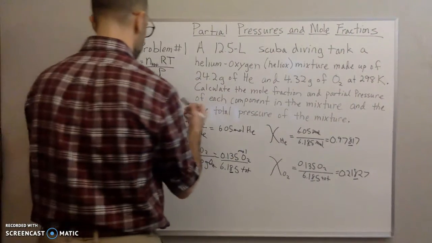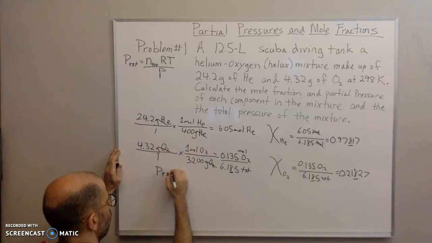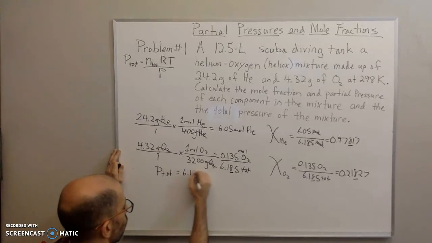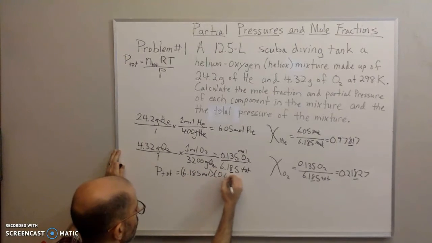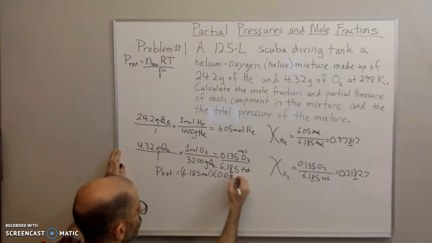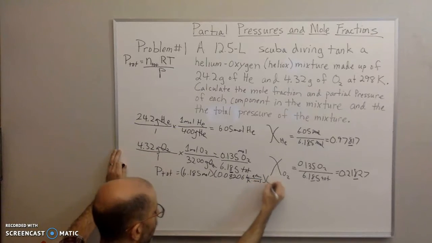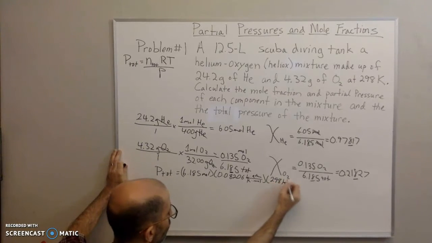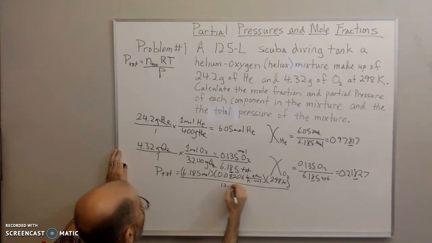So if we put it into this equation, the total pressure is going to be equal to the total moles, 6.185 moles total, multiplied by R, 0.08206 liter atmospheres over Kelvin mole, and then you multiply by the temperature, 298 Kelvin, and then you divide by the volume, which is 12.5.